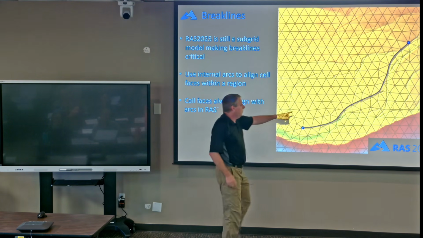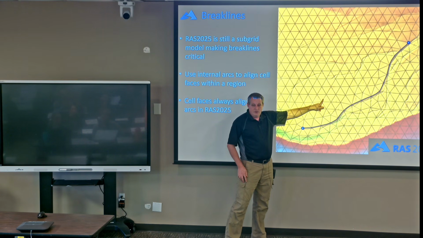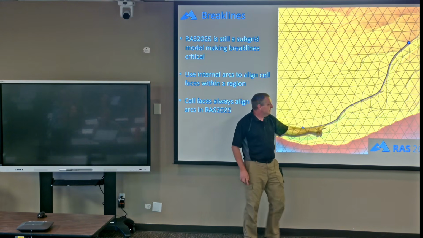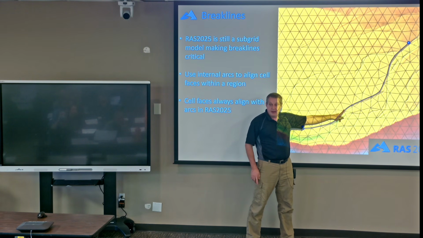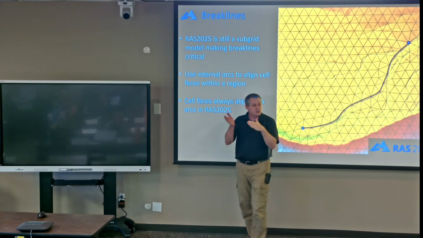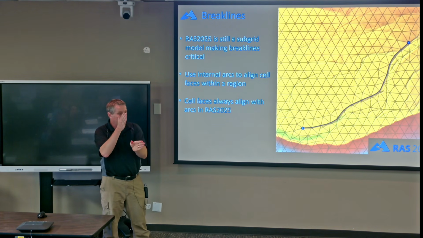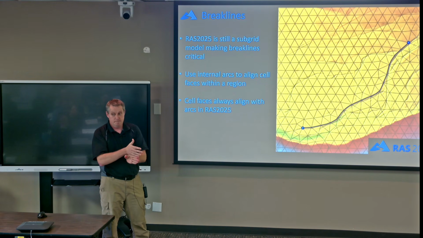But we also know what's going on at the cell face. Each of these cell faces is a cross-section, which follows high ground. You want to make sure that your cell faces follow high ground. That's why we use break lines to align our cell faces with high ground, because of the magic of subgrid.